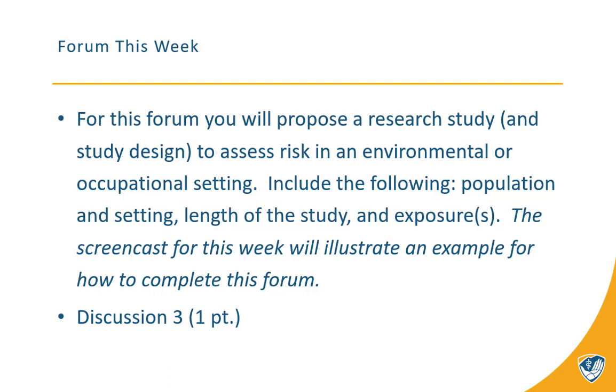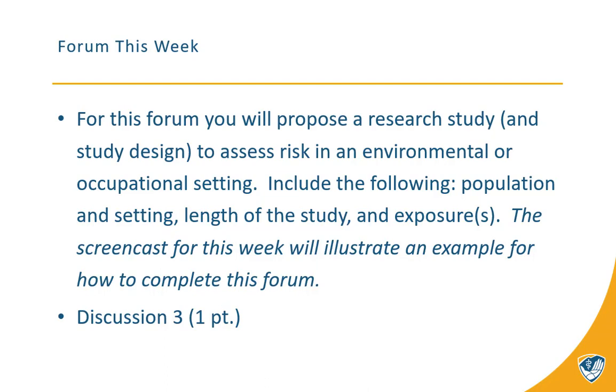All right, so again, some interesting stuff, maybe stuff that's not relevant to what you're interested in doing, but that's okay. For this forum this week, you're going to propose a research study and study design to assess risk in an environmental and occupational setting, including the following: population and setting, length of the study, and exposures.